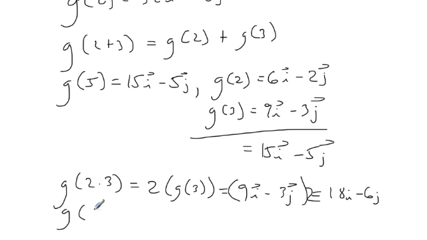On the other hand, g of 6 is 6 times 3, which is 18i, minus 6j. You can see we get the same thing. So this function is in fact linear.